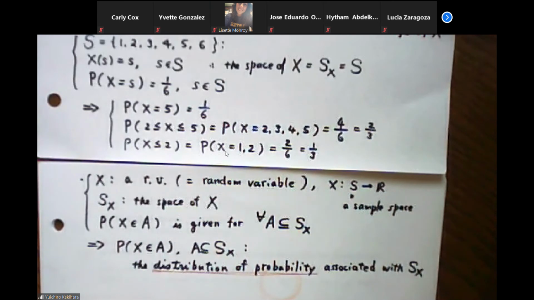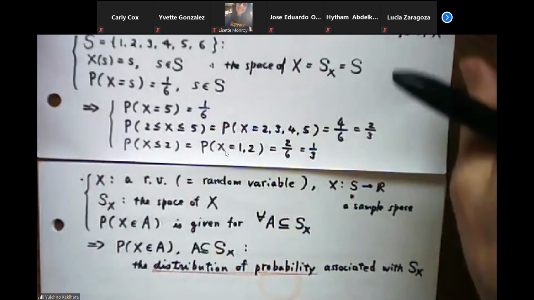But in the discrete case, we can have the probability mass function. And this A can consist of only 1 point. So a discrete random variable has the probability mass function, and the probability mass function is the probability that X is equal to some particular number.